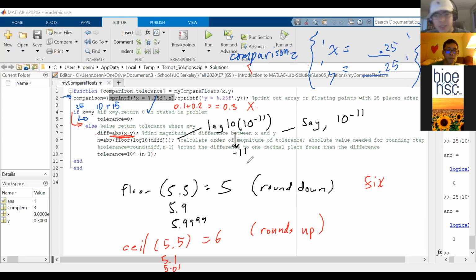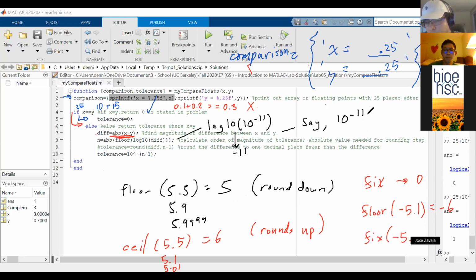Yes, fix rounds towards 0, so the difference between fix and floor is that floor of negative 5.1 is negative 6, whereas fix of negative 5.1 equals negative 5. So those are just some useful functions in case you're not familiar.